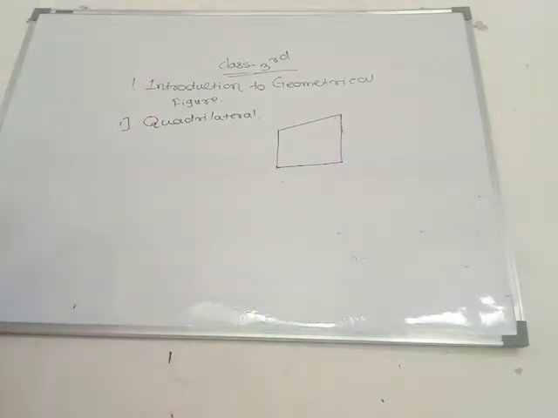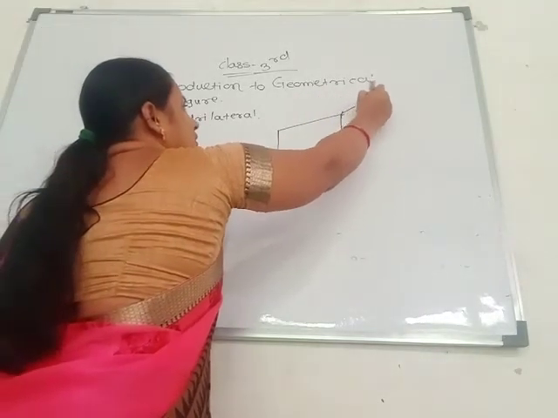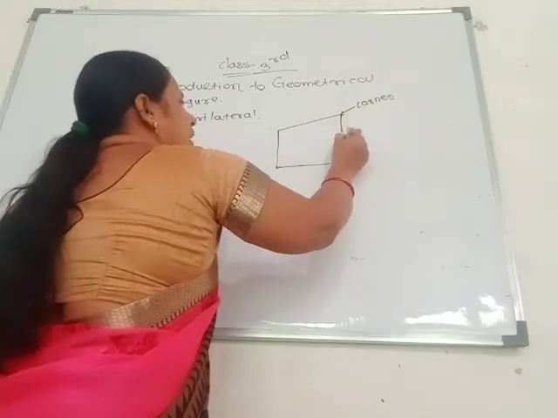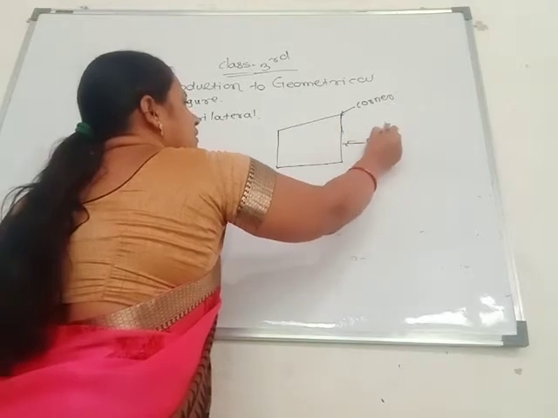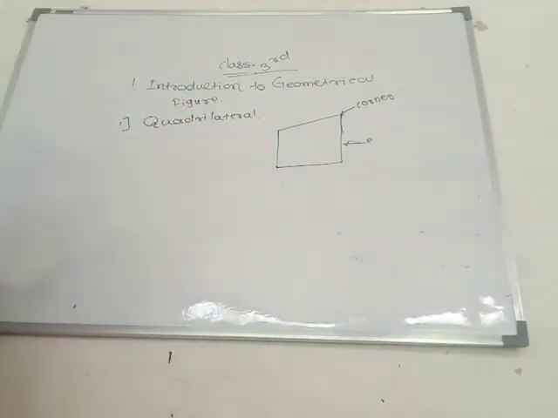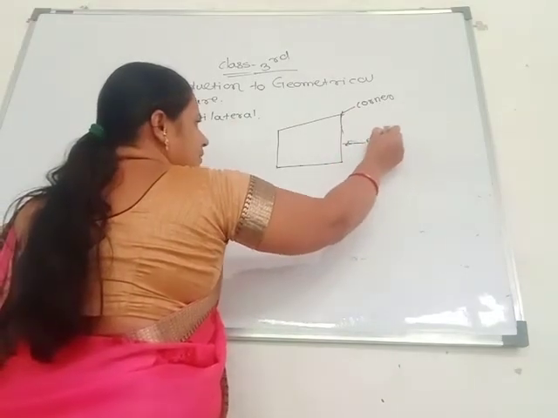This figure is a quadrilateral. This part is a corner, and this part is an edge. Edge means side.